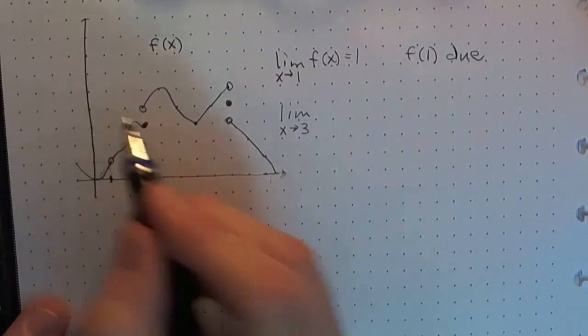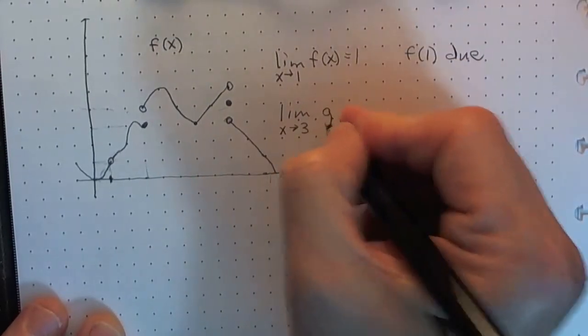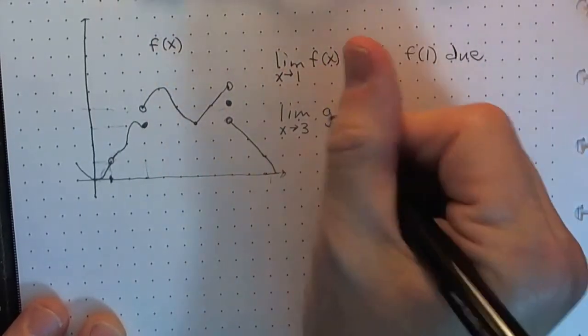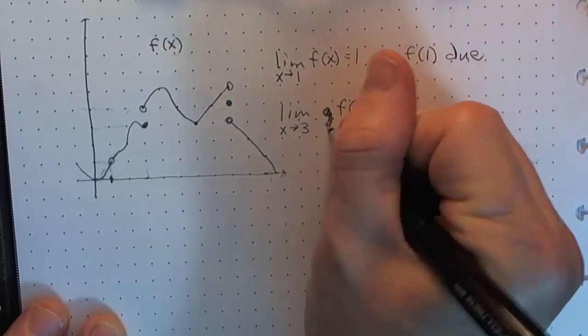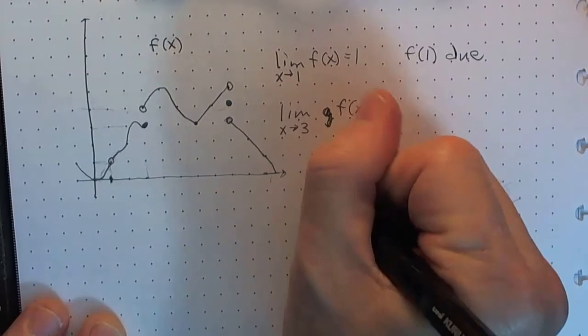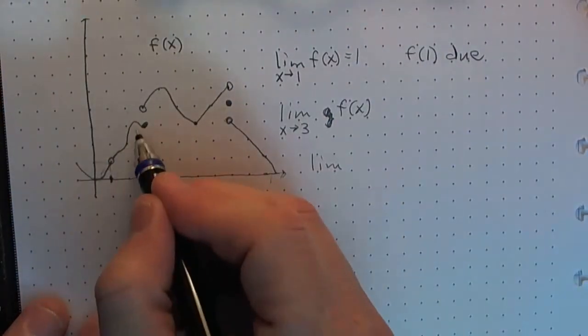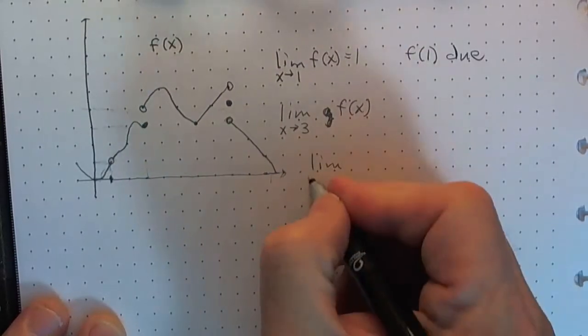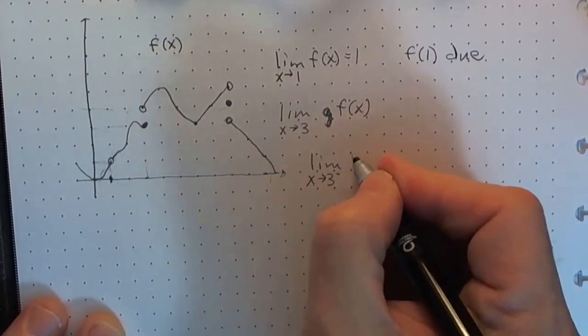See, this one. So this tells us that if we want to talk about this limit, well, it's the limit of f of x. Okay? If we want to talk about this limit, then we need to ask ourselves, what's going on to the left and what's going on to the right? So let's look at that. Let's talk about the limit as x goes to 3 from the left.